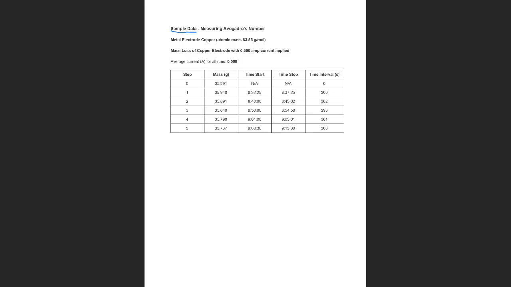So pay attention, everyone will have different data. But what are they giving us? The step number 0. This is the metal before any current has passed through. So we start with this mass of copper. And then what happens? Step 1, we applied 300 seconds of the current, that is 0.5 amps.